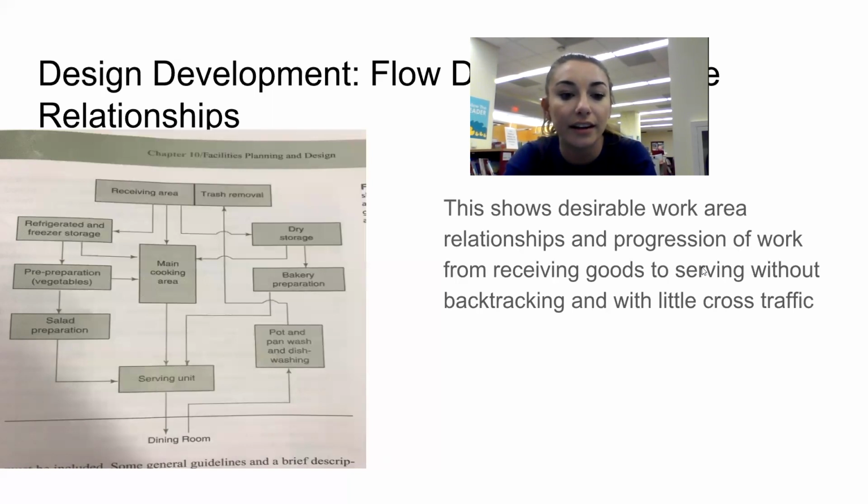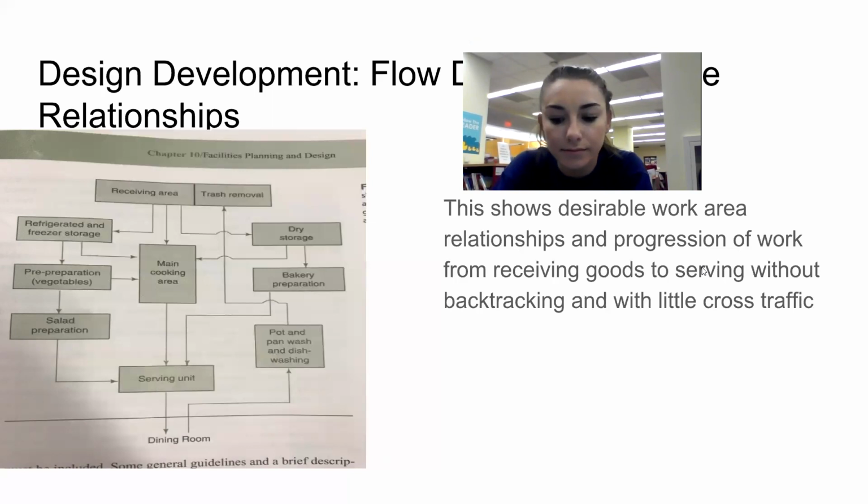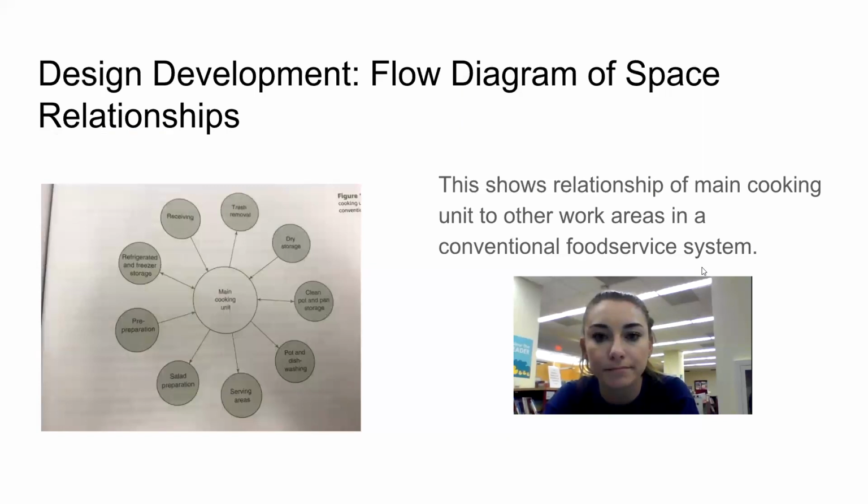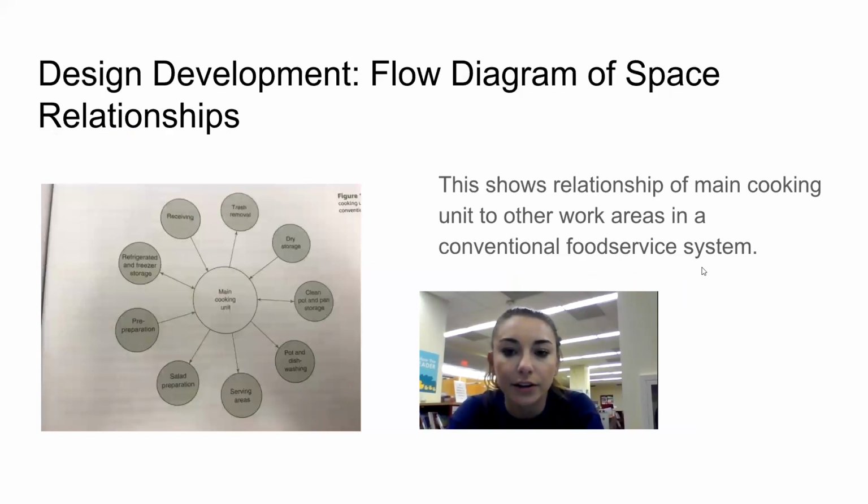There's a serving unit on the end, and they all go in a complete diagram, and refrigerated and freezer storage, pre-preparation, and vegetable and salad preparations are on the side. Flow diagrams are used to show space relationships. This shows the relationship of the main cooking unit to other work areas in a conventional food service system.